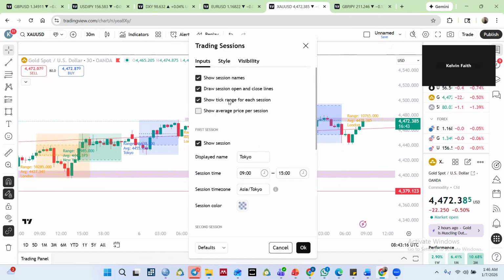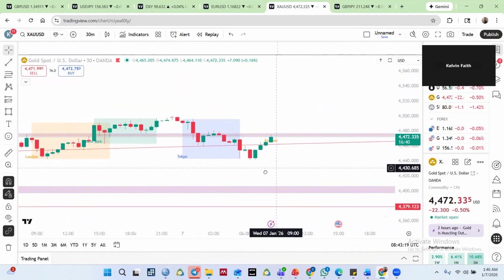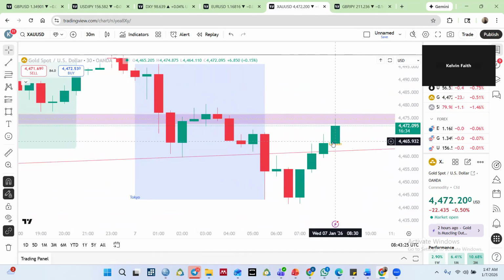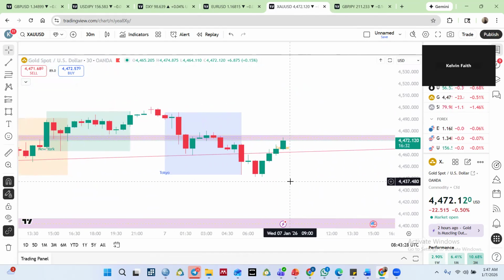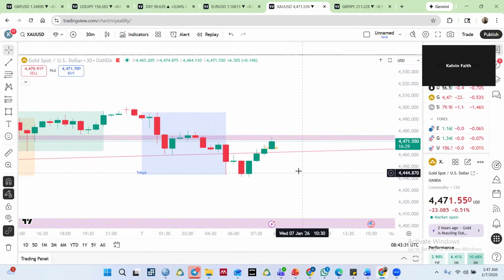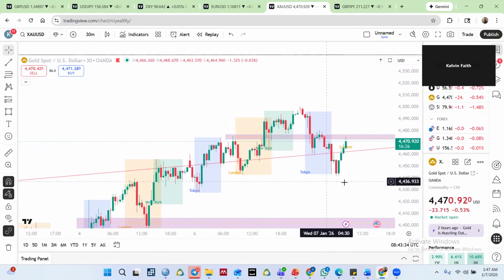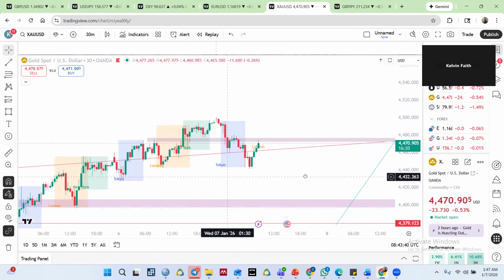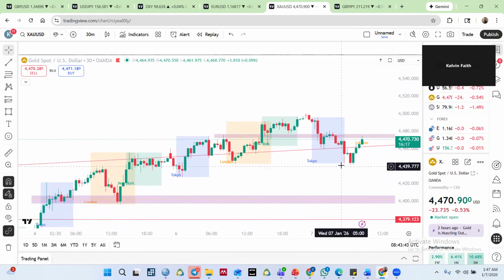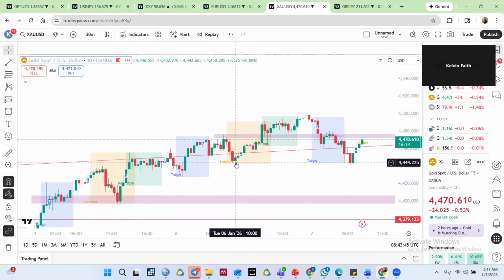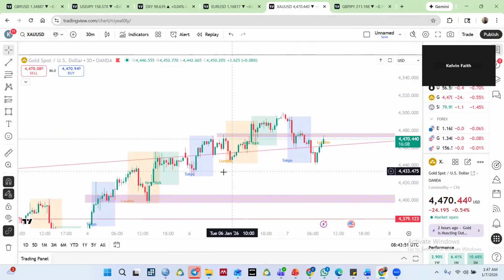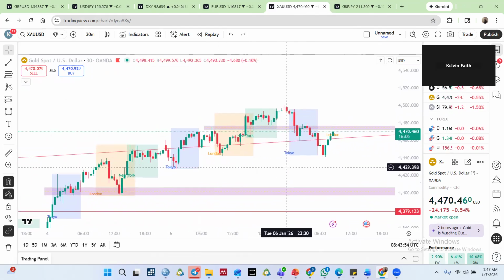Okay, so London session also just opened on gold. Let's see if London session is also going to give some good buys on gold. It's also going to give buys on gold. It just came back to this same area, the same fair value gap. Wow.